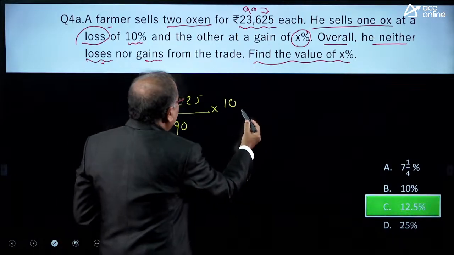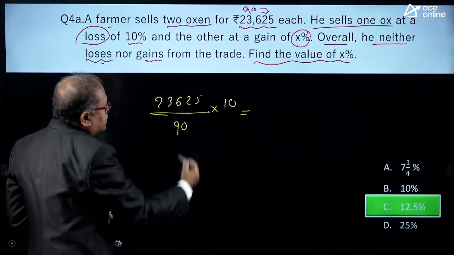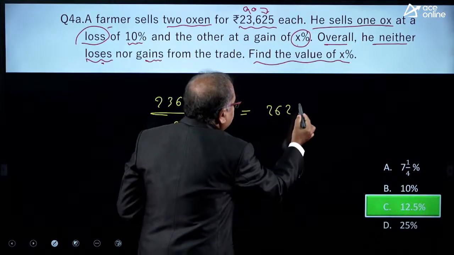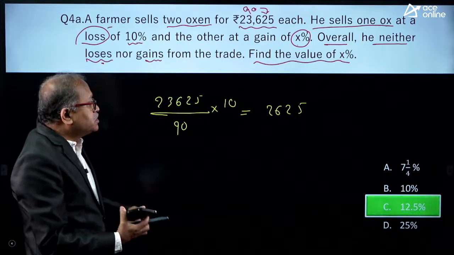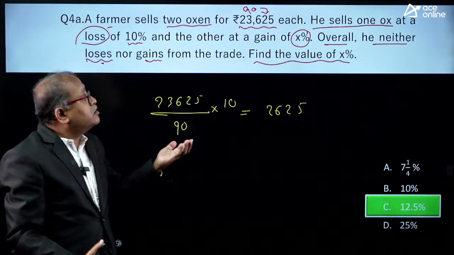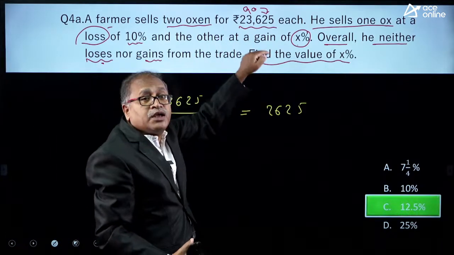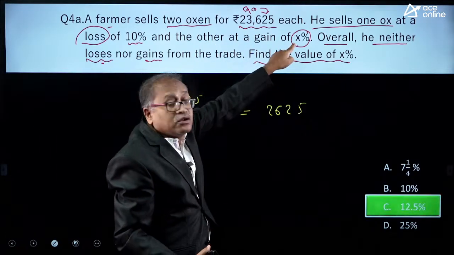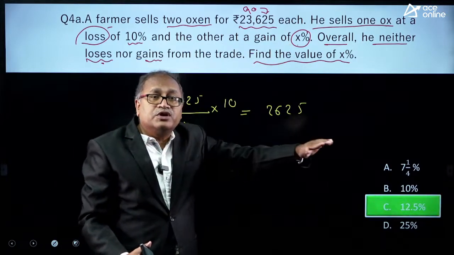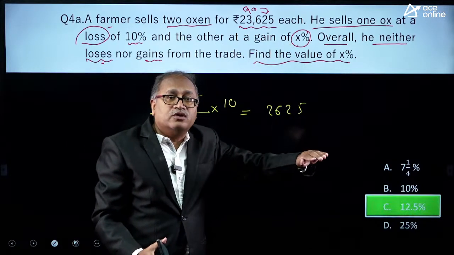So here you are getting this one. This gets cancelled and divided by 9. 2625. So that means you lost 2625, and again by selling this one, you got the profit of 2625. Therefore neutral, no profit, no loss.